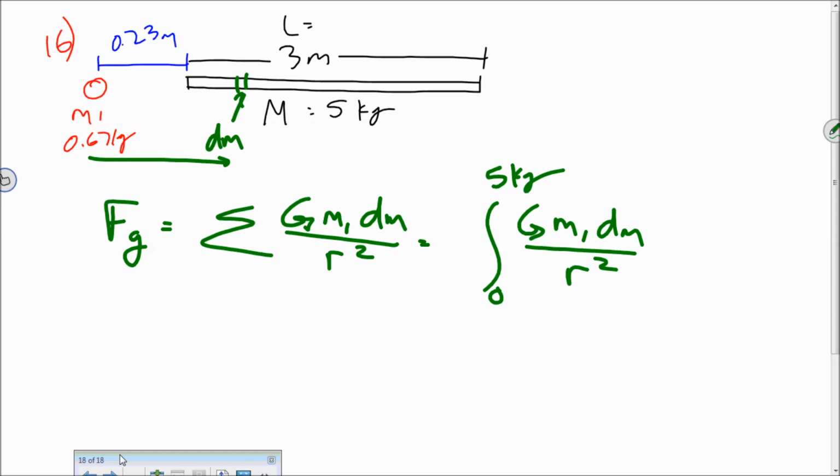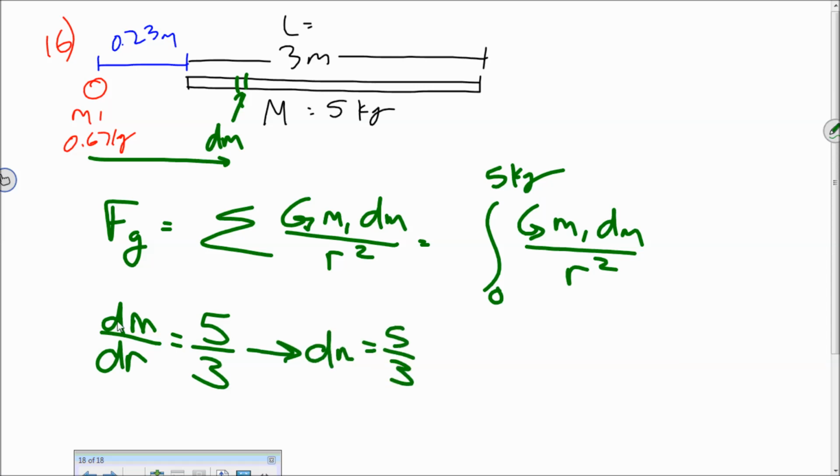So if I do dm over dr, in other words, if I take a little chunk of mass and divide it by a little change in radius, that's the same as the density of the whole bar, which is 5 over 3. And therefore, dm is just 5/3 of dr.